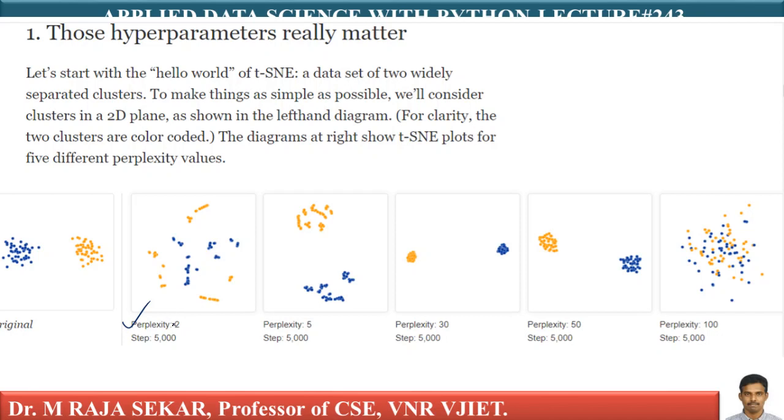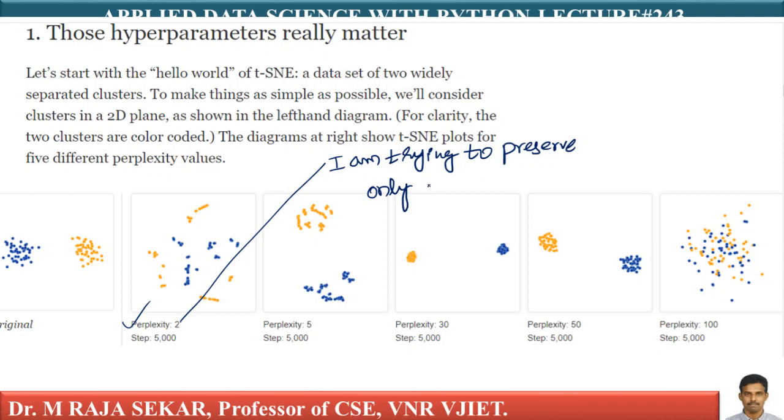The meaning of perplexity 2 is, I am trying to preserve only distances to nearest neighbors.